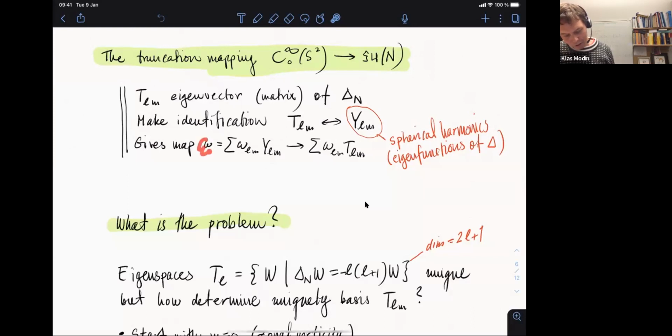So you first take your vorticity function, you express it in terms of your spherical harmonics, and then you just replace this basis of spherical harmonics with the matrices given as eigenvectors. Maybe I should say eigenmatrix, because this is really a matrix, right? What is the problem with this?